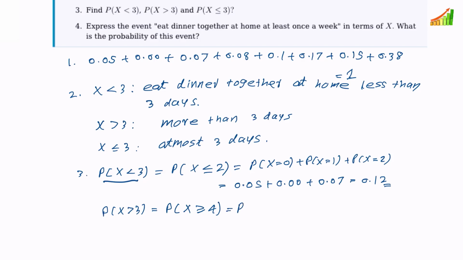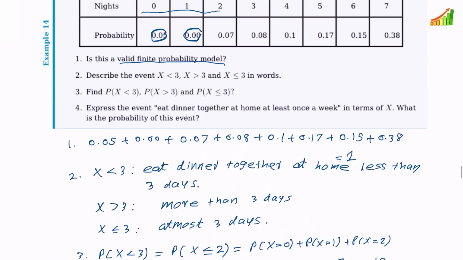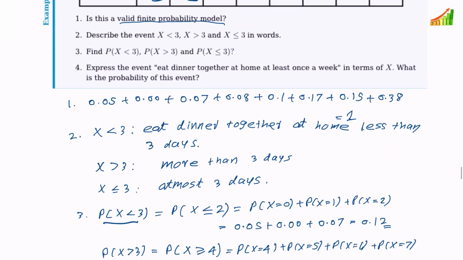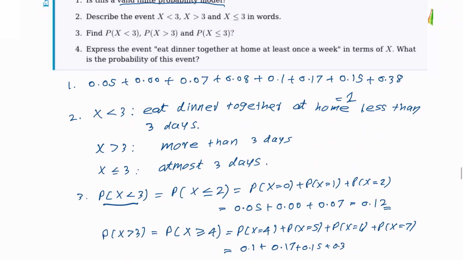So the probability is probability x equals 4 plus probability x equals 5, probability x equals 6, and the last one, probability x equals 7. Then we add 0.1, next 0.17, next 0.15, and the last 0.38. So this is 0.8. That is the probability x greater than or equal to 4.